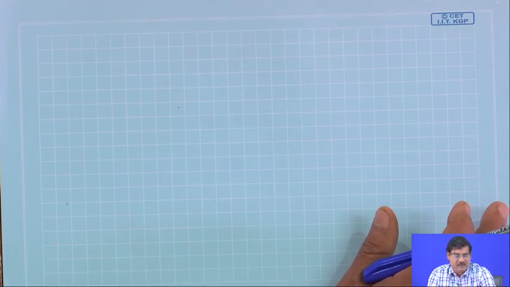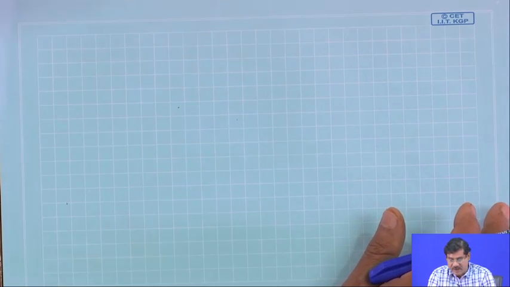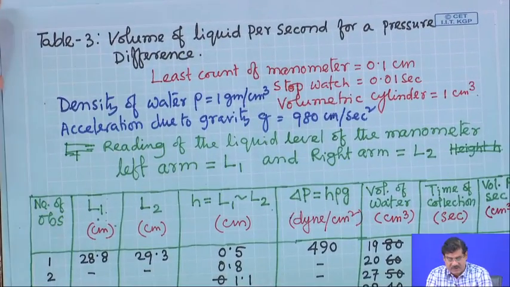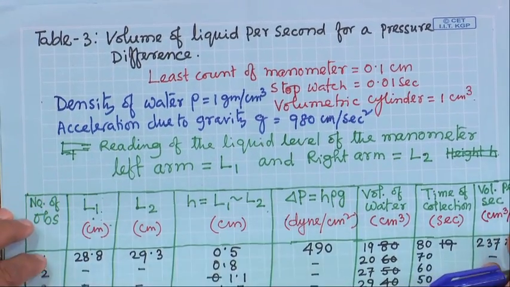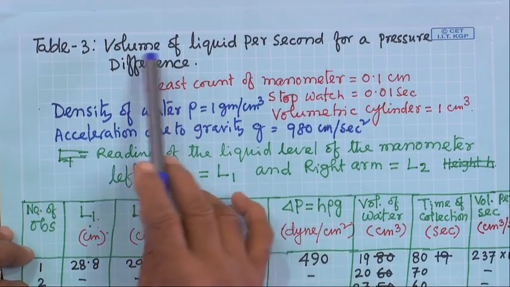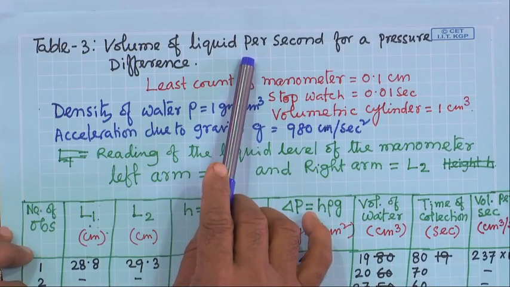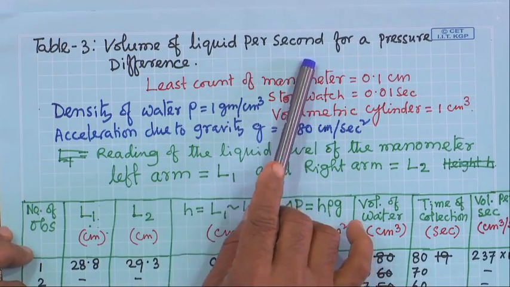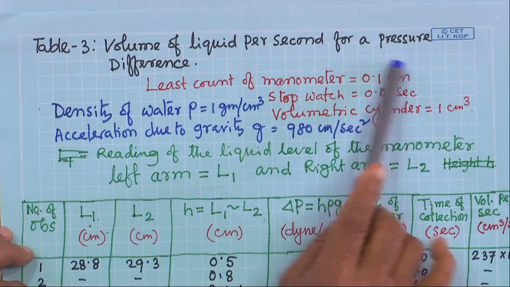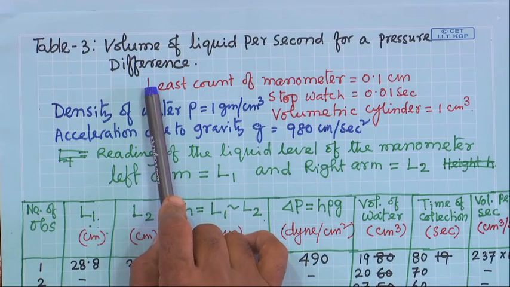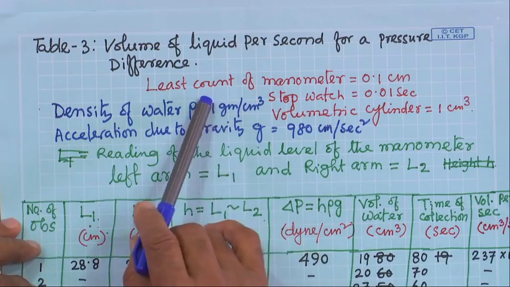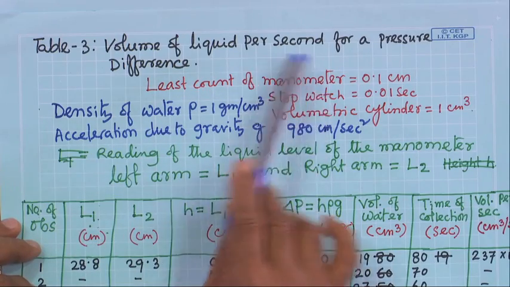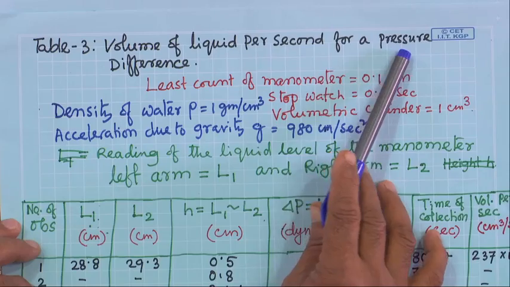Now, the important table for this experiment is basically table 3, the volume of liquid per second for a pressure difference. In this case we will use a manometer for measuring the pressure difference.